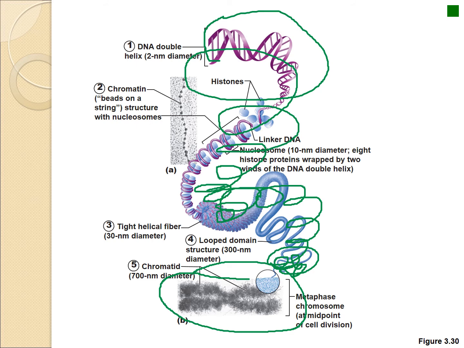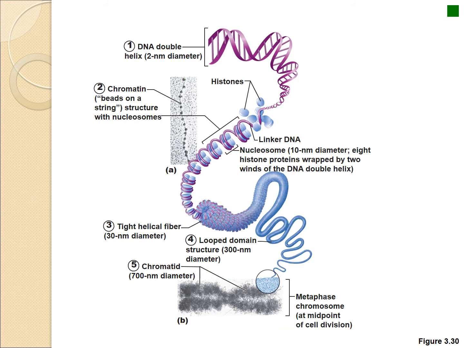When it's more in this stage, then you get the active DNA. So active DNA is not as twisted as inactive DNA. So inactive DNA will look like this, where these regions here are twisted upon themselves into little curls. So this would be more like very active DNA that's being used by the cell.